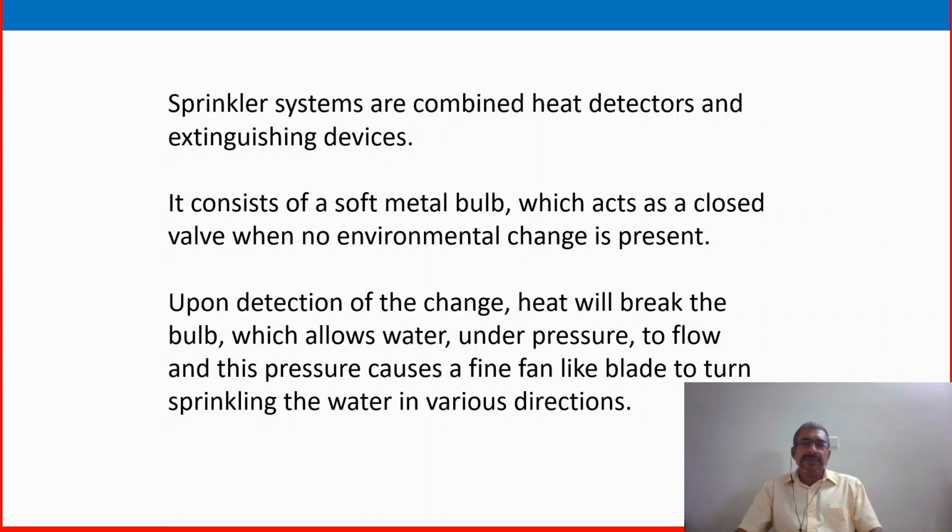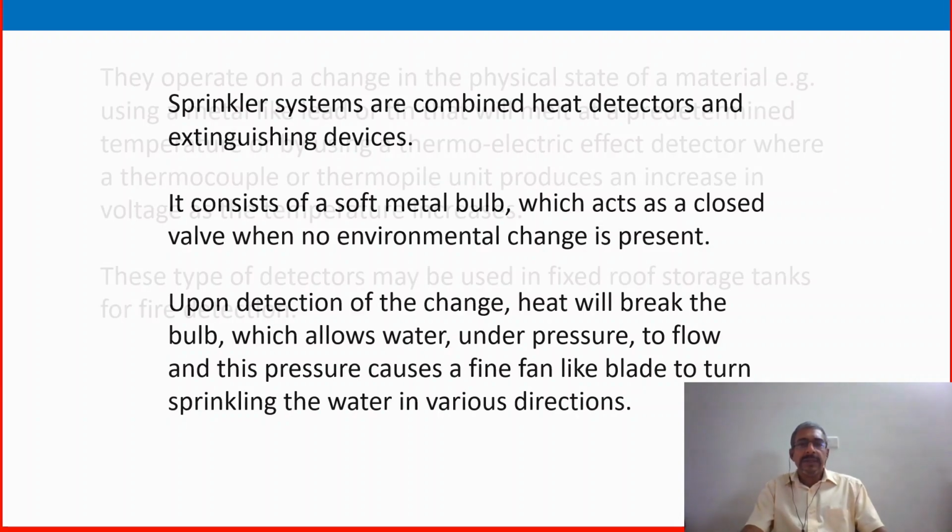So, sprinkler systems combine heat detectors and extinguishing devices. It consists of a soft metal bulb which acts as a closed valve when no environmental change is present. Upon detection of change, heat will break the bulb, which allows water under pressure to flow, and this pressure causes a fine fan-like blade to turn the sprinkler and spray the water in various directions.